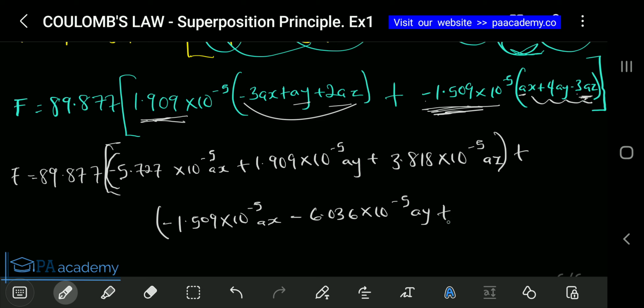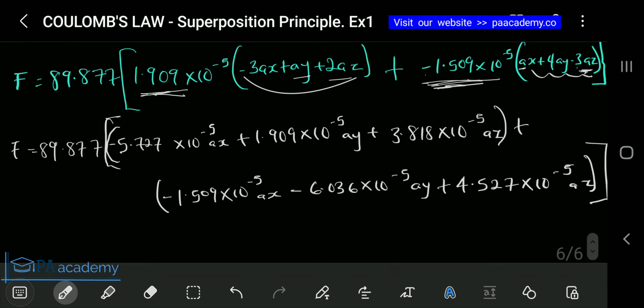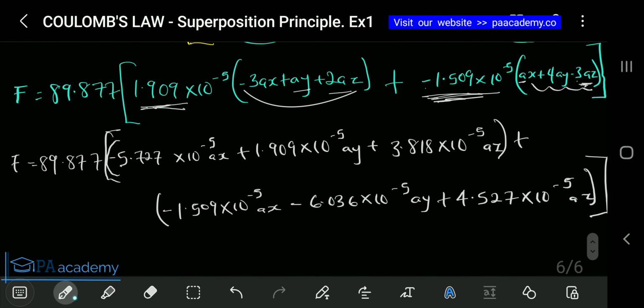So that will be plus 4.527 times 10 raised to the power minus 5 AZ. Okay, so let me close this and then introduce the square bracket. All right, so next thing I'm going to do is, you see this square bracket here, it is from here to here.